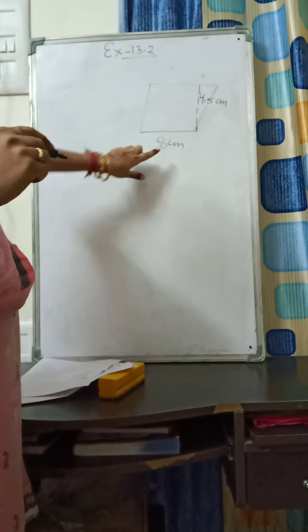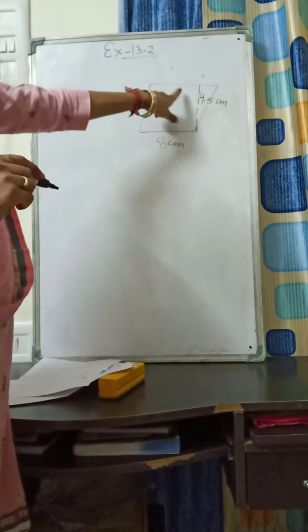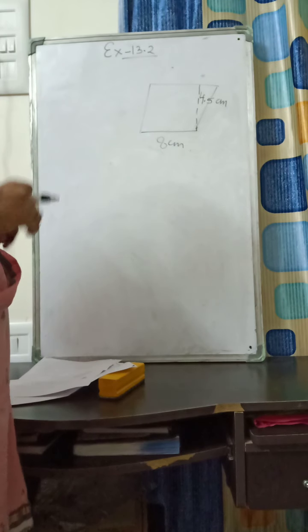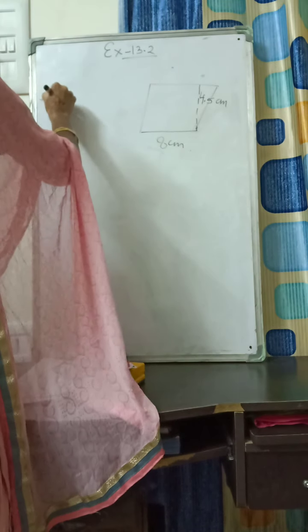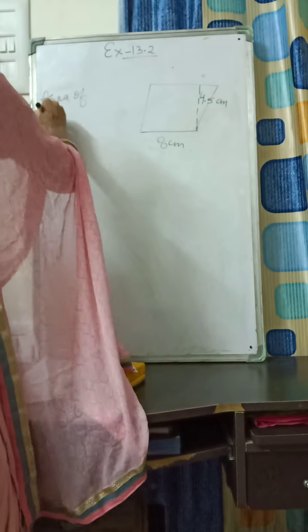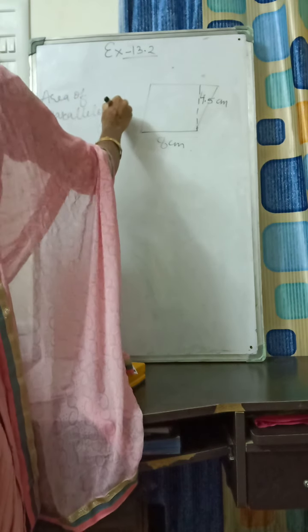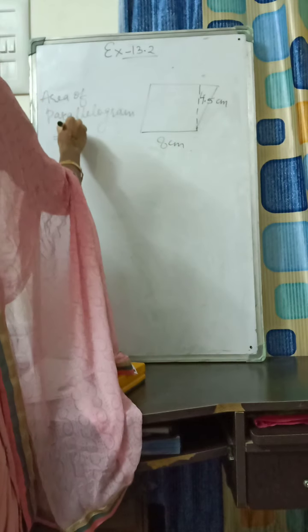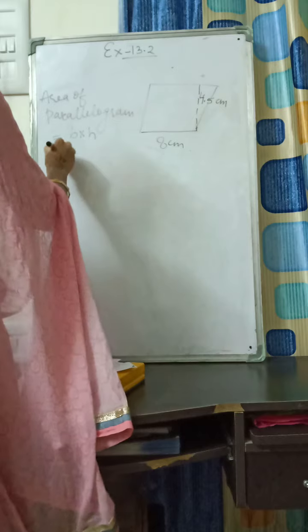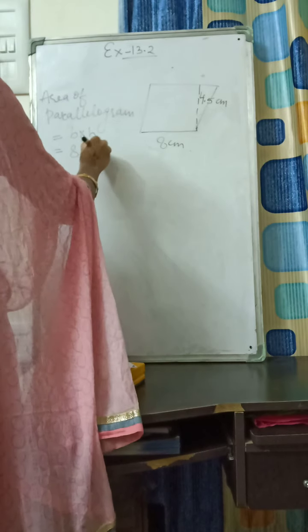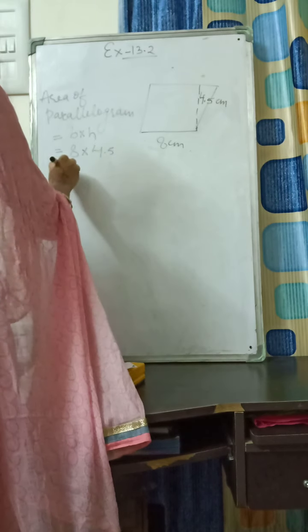So we know that 8 centimeter is the base and 4.5 centimeter is the height, and the area of a parallelogram is base into height. We know that the base is 8 centimeter and the height is 4.5.